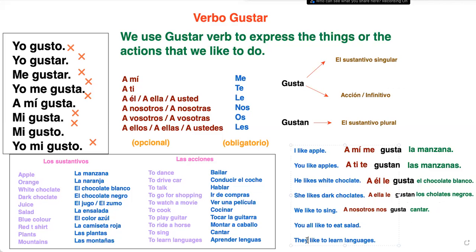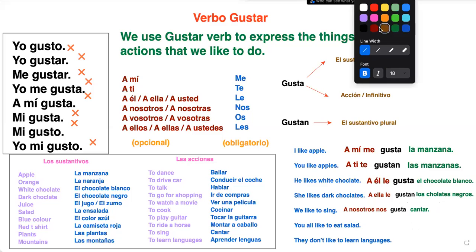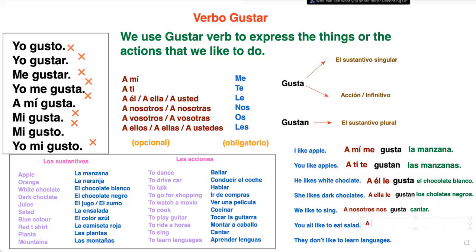I'll also make an active sentence negation in the end. So you all, a vosotros, vosotras, os.